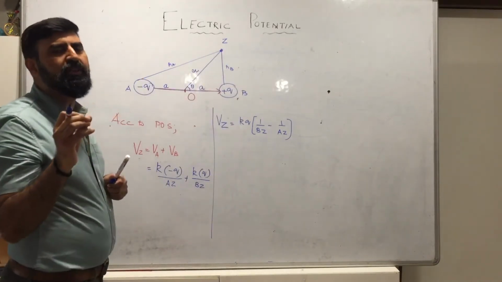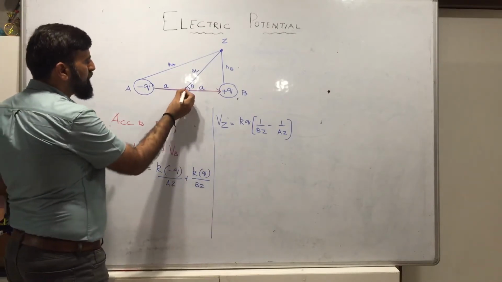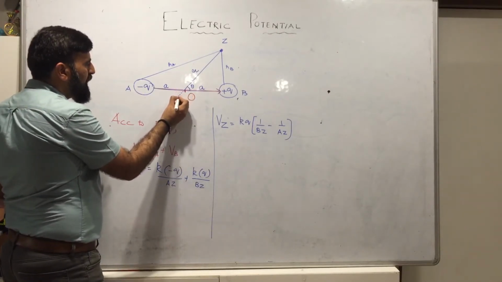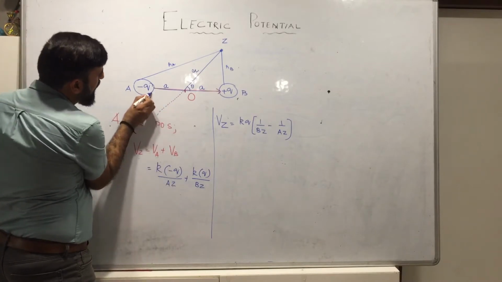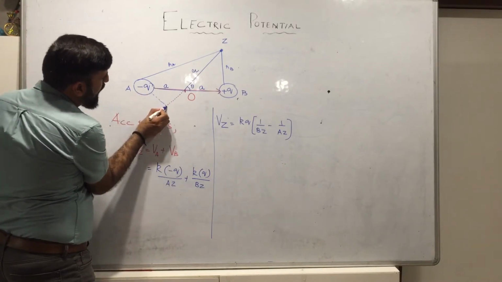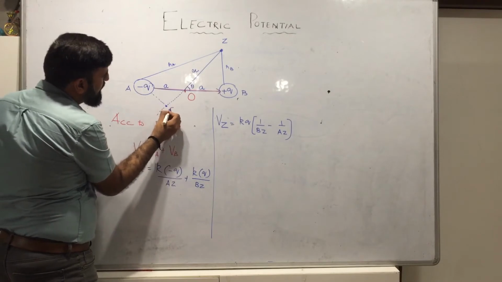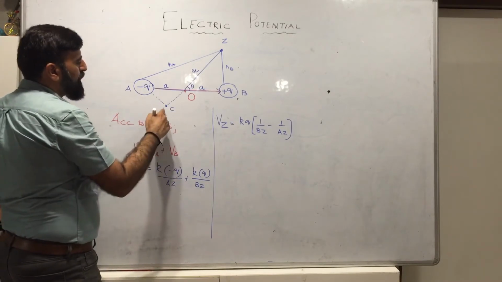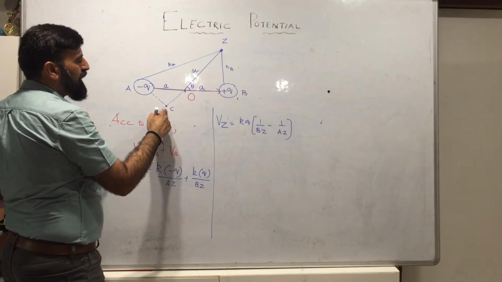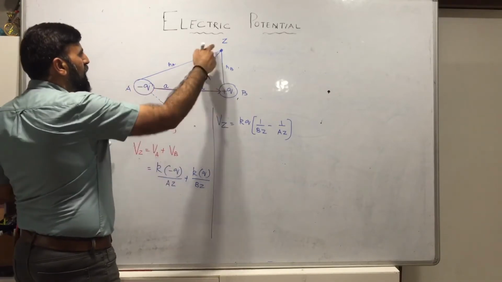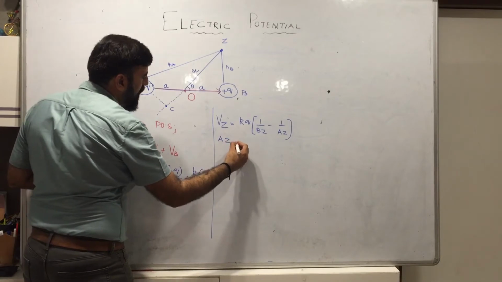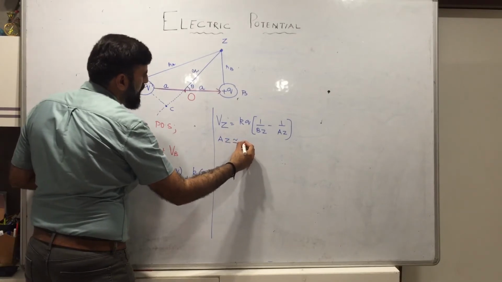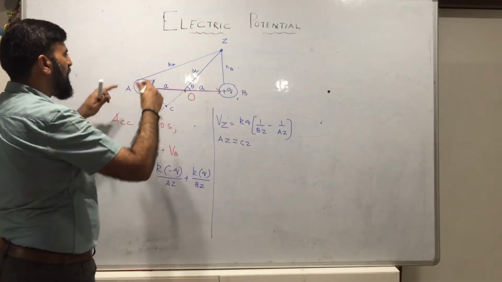I make a small construction here, a very small construction. I extend this line and drop a line from A onto this line, mark this point as C. Now the C is marked in such a way that your AZ is almost equal to CZ. Okay, try to understand this.